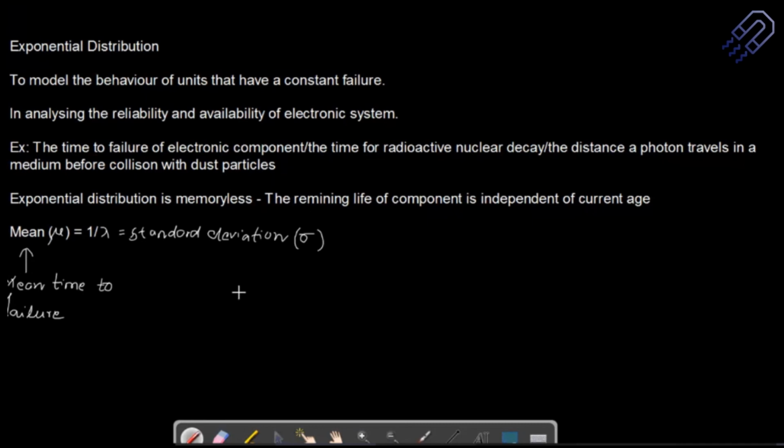And then this lambda is basically called the threshold parameter. Please keep a note of this, okay. So this is actually nothing but threshold, because after this particular parameter or after this particular event happens, the failure starts, okay.